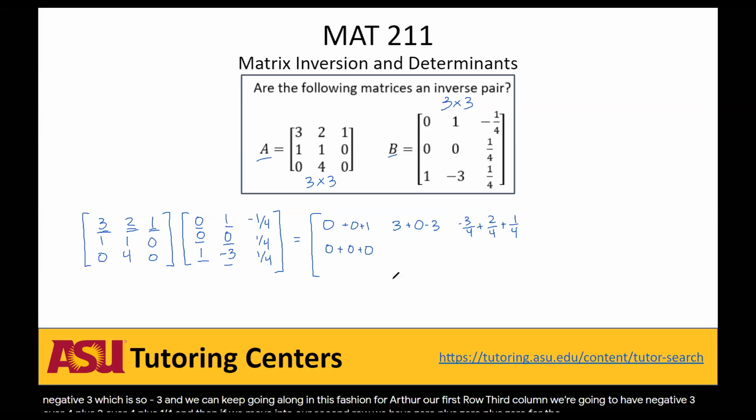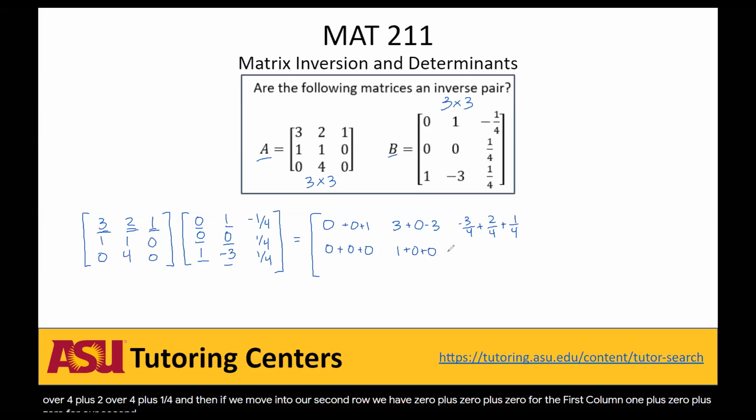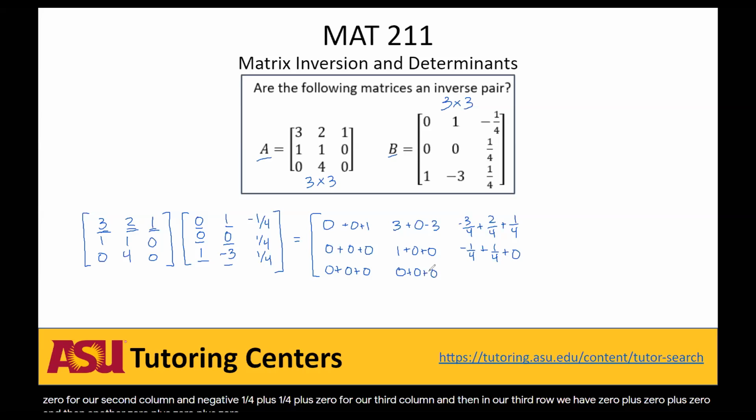If we move into our second row, we have 0 plus 0 plus 0 for the first column, 1 plus 0 plus 0 for our second column, and -1 quarter plus 1 quarter plus 0 for our third column. Then in our third row, we have 0 plus 0 plus 0, another 0 plus 0 plus 0, and lastly 0 plus 1 plus 0.